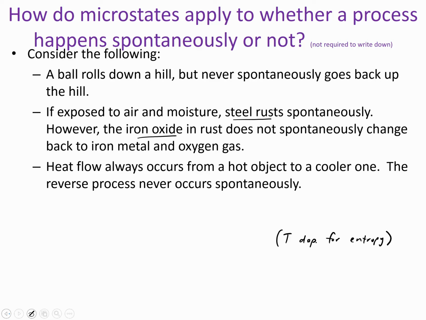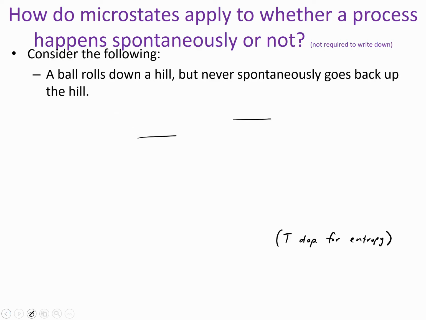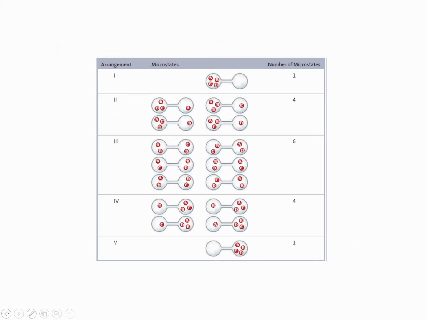Because if we go back to our microstate picture here, it takes a lot of order to get these in there. It can be done if you push it over. So if you add some form of work, or put energy in, usually, to get these kinds of microstates. But the ones that happen on their own, if you leave this situation to its own, this is the most probable arrangement.